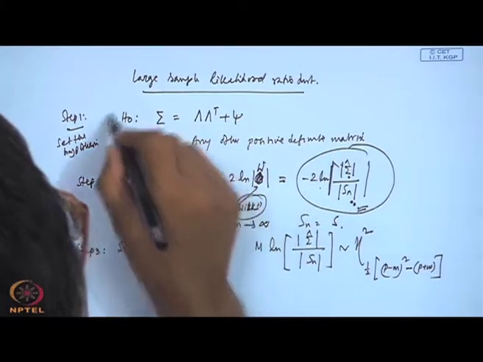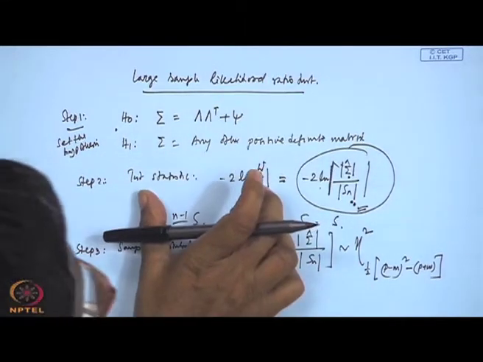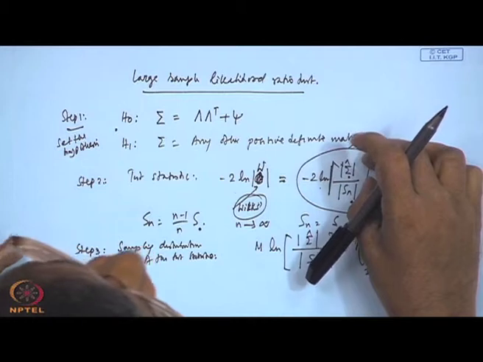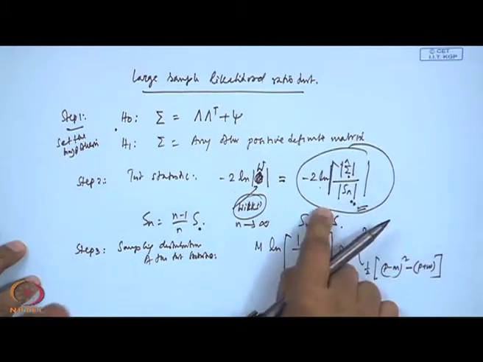So first the hypothesis relates to the population, then the statistic relates to the estimates, then the sampling distribution relates to the estimate. Now, you have to take the decision.